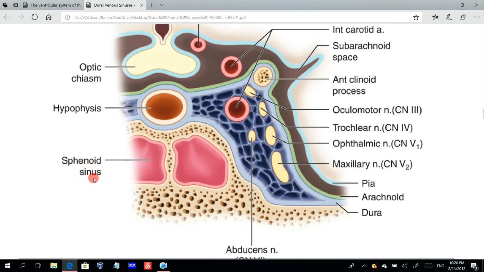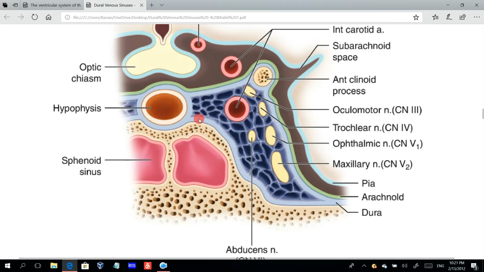The sphenoid sinus is an air sinus, one of the paranasal sinuses, an air space within the body of the sphenoid bone, if you remember. Of course, this is the right and this is the left. Here we have the body of the sphenoid, this is the sella turcica, and here we have the pituitary gland.